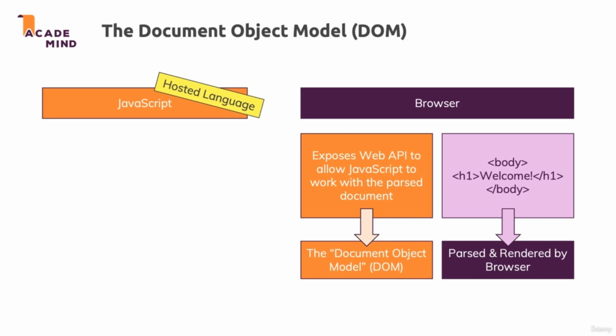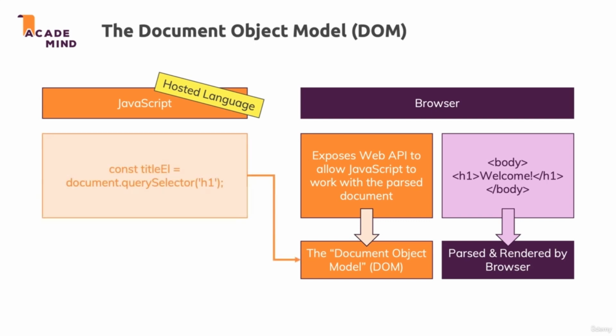The abbreviation, of course, is DOM, and that's where this term comes from. So the DOM in the end is this loaded and rendered HTML code, or to be precise, the object representation of this code which the browser creates behind the scenes, into which we can tap with JavaScript. So JavaScript can work with a bunch of objects which will be exposed to us as JavaScript objects, which in the end represent what the browser rendered or what the browser made of that HTML code which was provided.